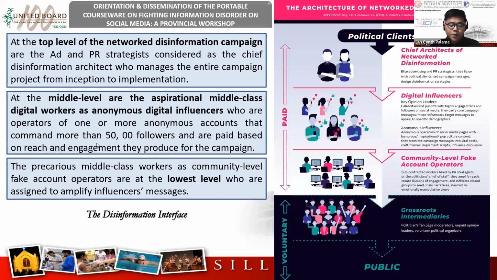They are the operators of one or more anonymous accounts that command more than 50,000 followers, paid based on the reach and engagement they produce for a campaign, such as our celebrities among artists. So they are in the middle level, the aspirational middle class digital workers.